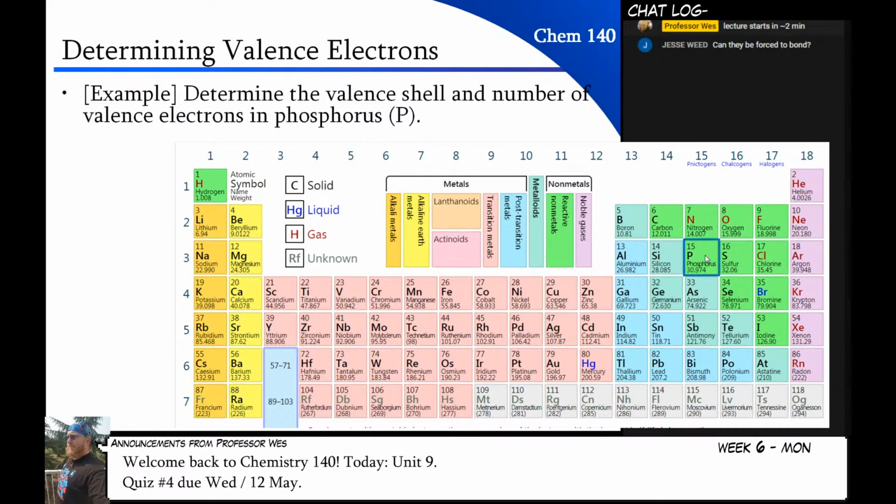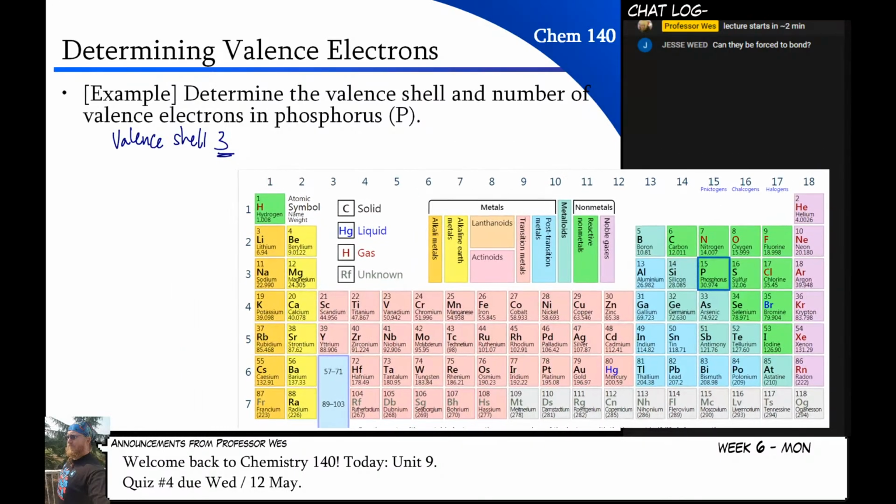So first, to find the valence shell, I have to look at what period it's in. That's just this number right here. So this is period 3. So we would say that phosphorus is valence shell 3.